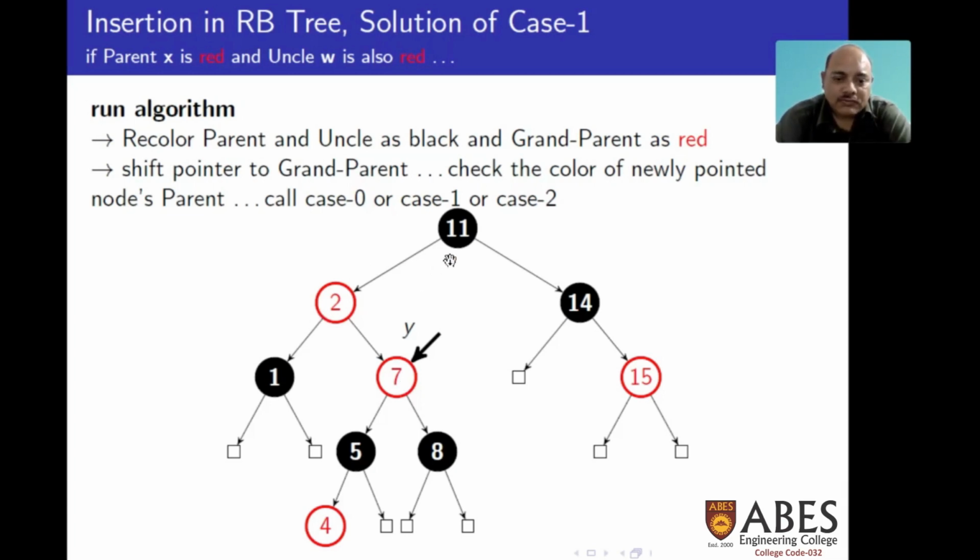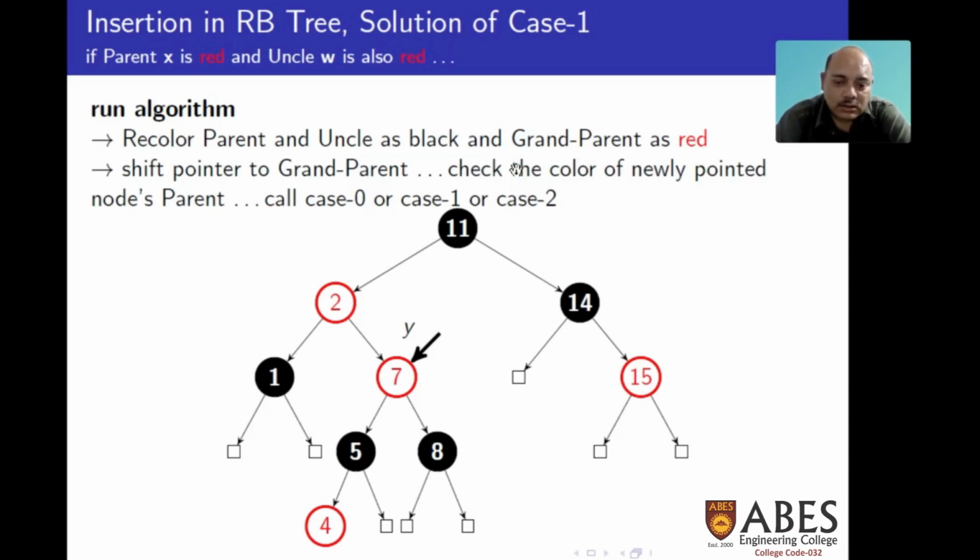If these three are straight, that means the parent, grandparent and newly inserted node are in either left-left or right-right position, then it is case 3. So now here in our local cluster, 7 is the newly pointed node, 2 is the parent, 11 is the grandparent and 14 is the uncle.